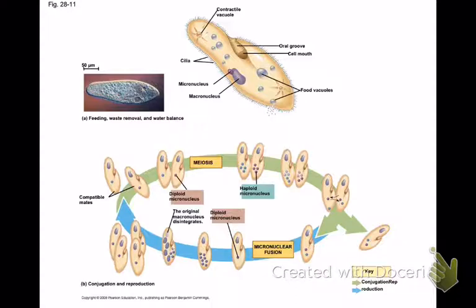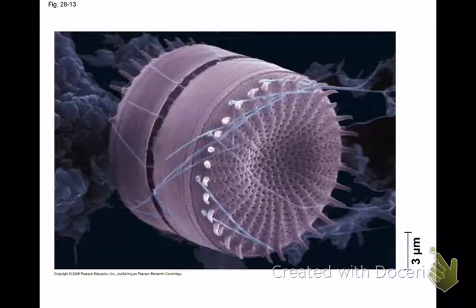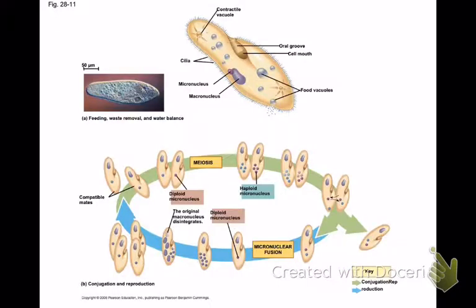So Paramecium can reproduce either by binary fission, in which the cell just divides, grows and divides, or it can reproduce sexually by the process of conjugation, which is diagrammed in the cycle below.